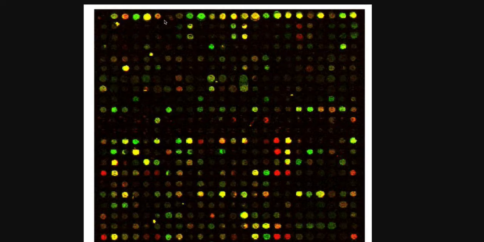Each spot is one gene here, one cDNA. Yellow means both of them are equally expressed. Both of the samples show comparable expression of this gene, so there is no change in expression in either normal or disease condition. So this is what the microarray looks like.